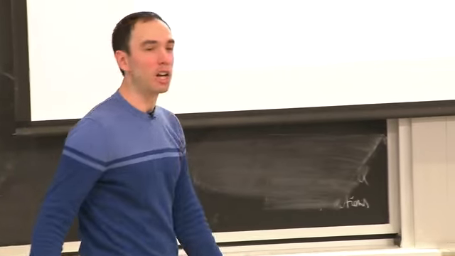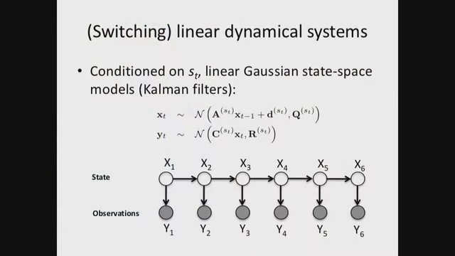So the technique which we'll talk about today goes by the name of switching linear dynamical systems. Who here has seen a picture like this picture on the bottom before? About half of the room. So for the other half of the room, I'm going to give a bit of a recap into probabilistic modeling.